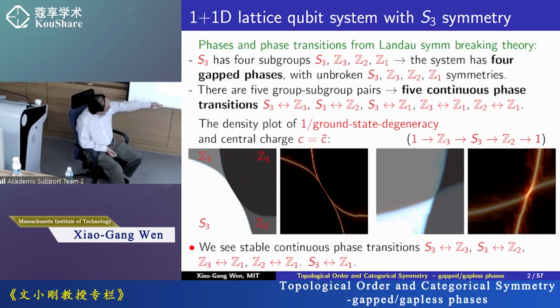But for the one connecting S3 to Z1, we are not so certain. It looks continuous, but we are not so certain. The other transitions also look continuous, but we are more certain, because we can identify the CFT for the other 4 transitions, but at the moment we do not know how to identify the CFT for this transition.